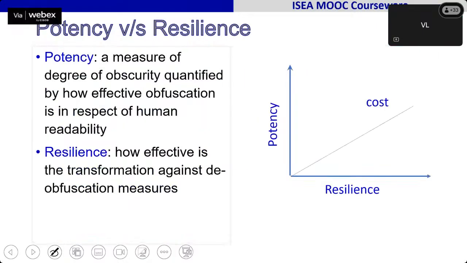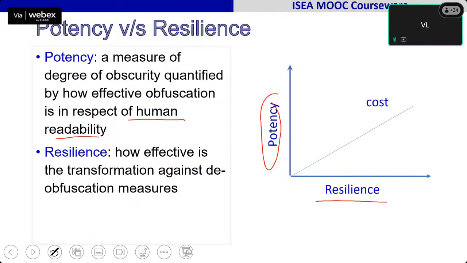Now, how do we know whether the obfuscation is very good or not? There are two parameters by which we can see whether it is good or not. One is potency, another is resilience. Potency is indicative of how effective obfuscation is in impacting readability by a human observer. So it affects human readability.